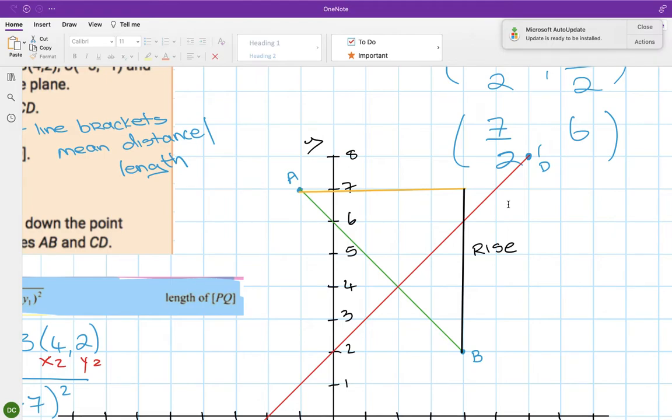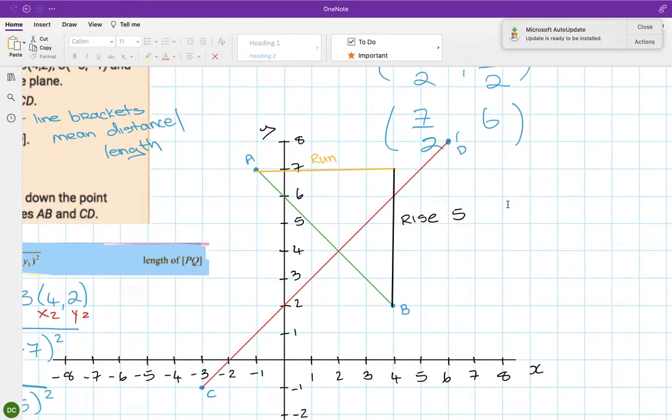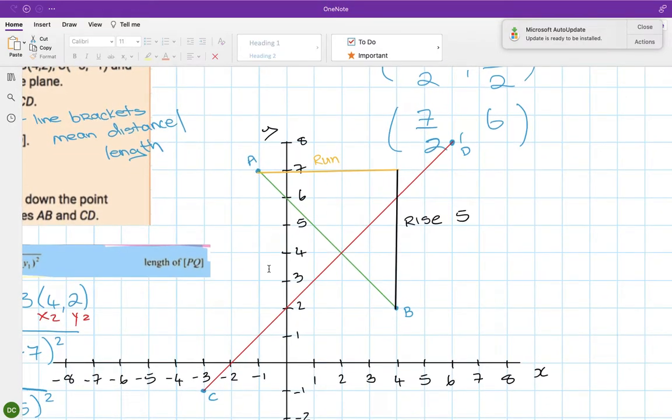So that's a rise of 5. And the run is, sorry, we can't quite see it there, but the run is starting there at -1 and going to 4. So that's 1, 2, 3, 4, 5. So that's a run of 5.